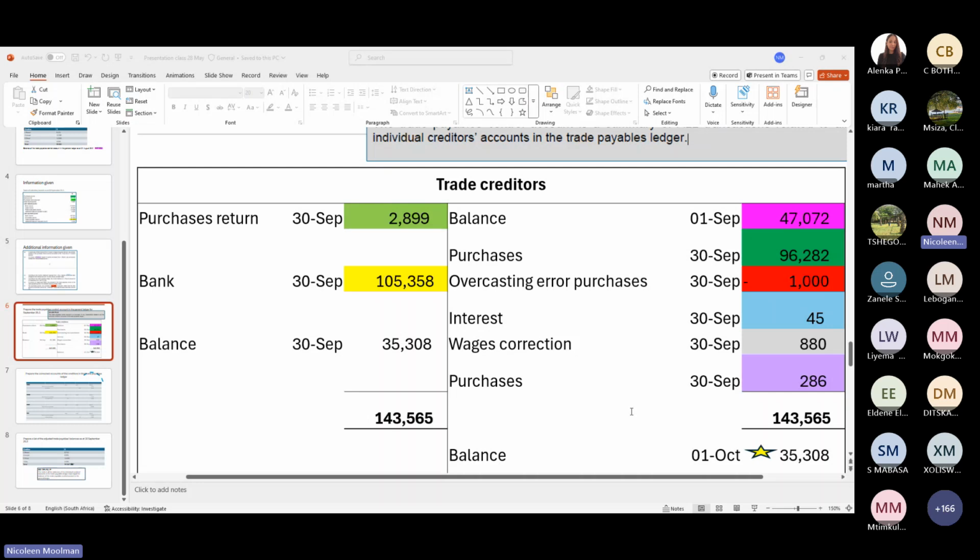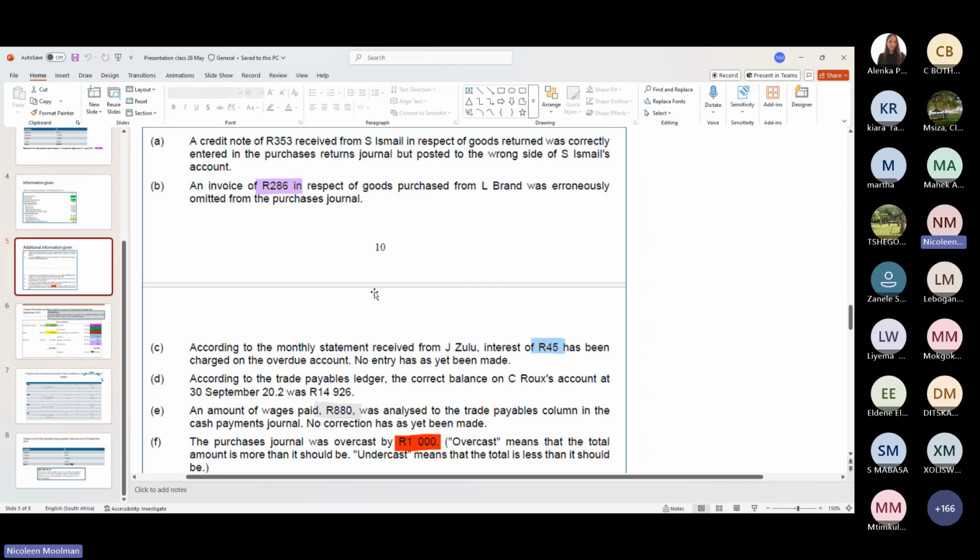I think with corrections, or if they give you additional information, it's always best to understand what went wrong and how you're going to fix it.